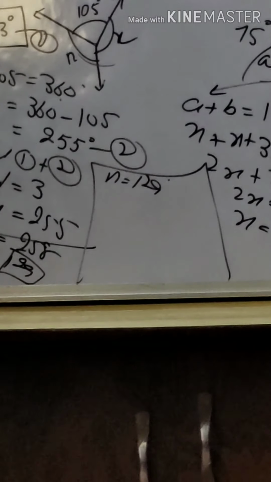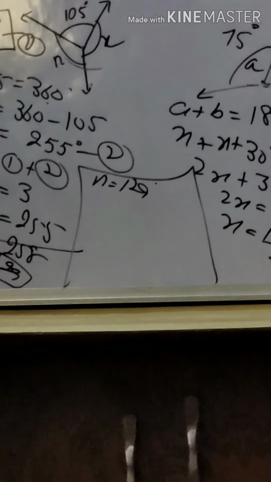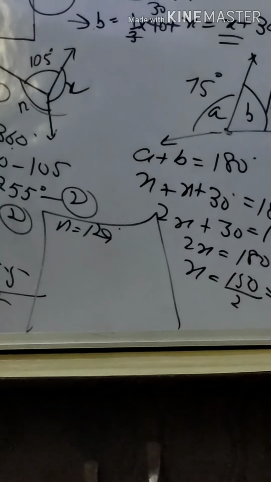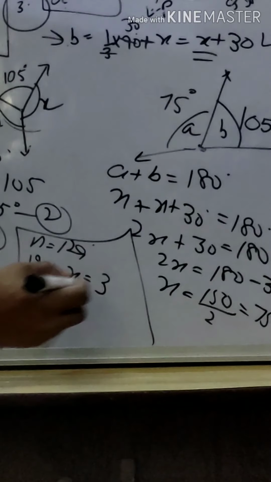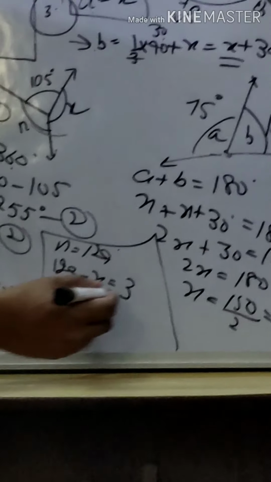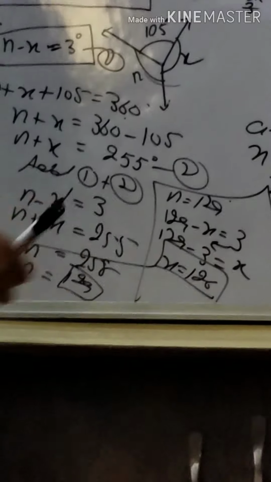And now put it here, no problem. So n is 129, 129 minus x is equal to 3, then shift the 3 here and x to that side. So x is equal to 126.